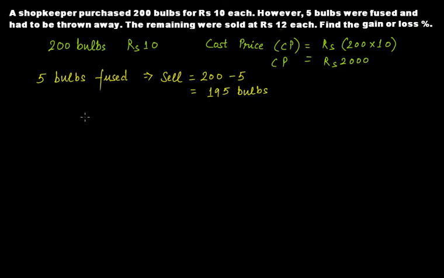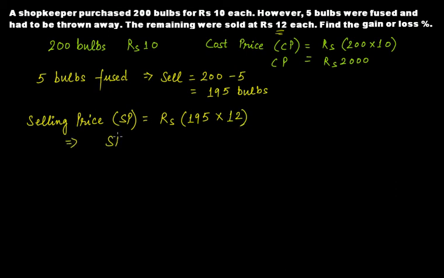Now the selling price of these 195 bulbs will be 195 times, you are selling at rupees 12 each, so 12, and when you solve it you get the selling price as rupees 2340.